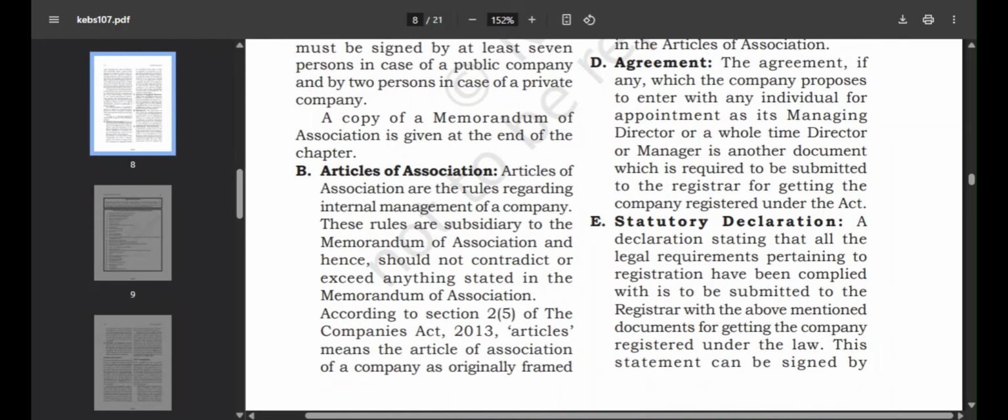So if a company wants to have a managing director or a whole time director, another document has to be submitted to the registrar for getting the company registered under the Act.